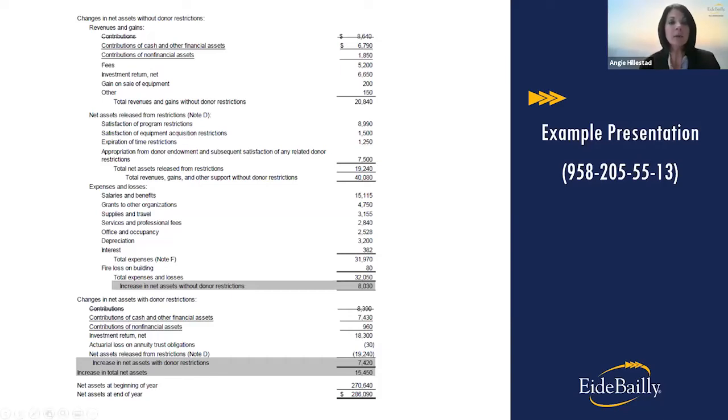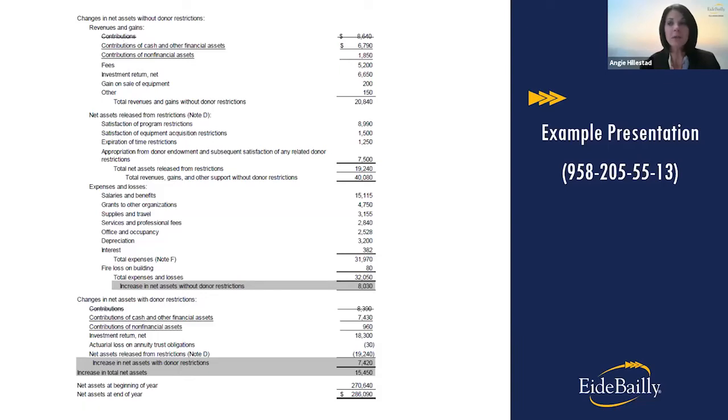This is an example of a statement of activities that uses what we refer to as a pancake format, meaning we start with net assets without donor restrictions at the top and work down till we get to net assets with donor restrictions. So as you can see, we've got contributions.